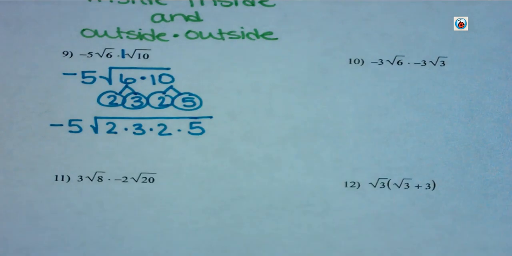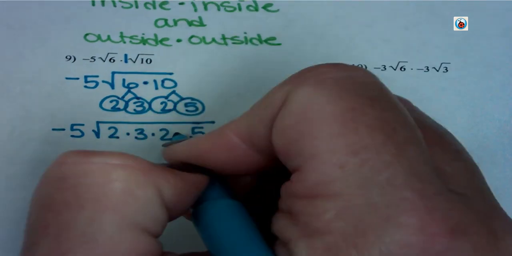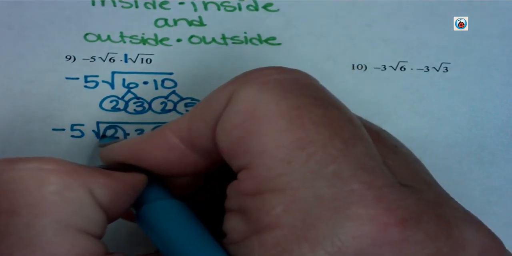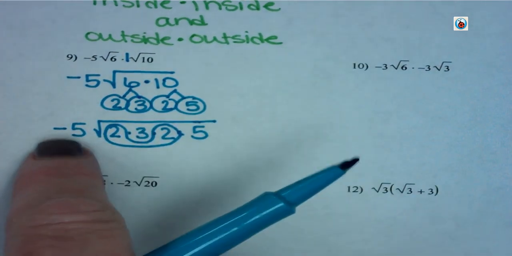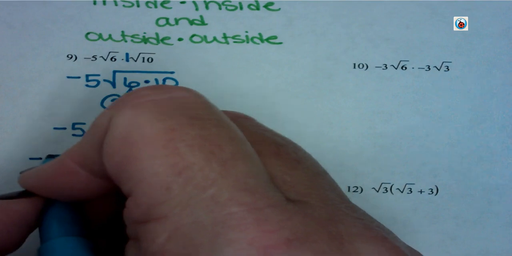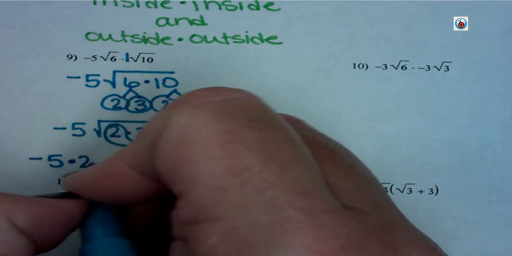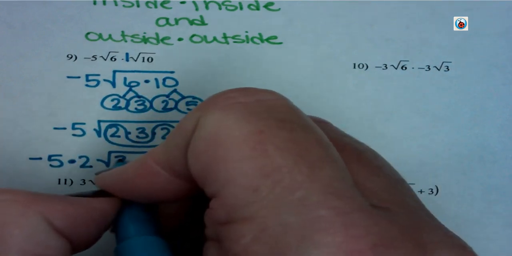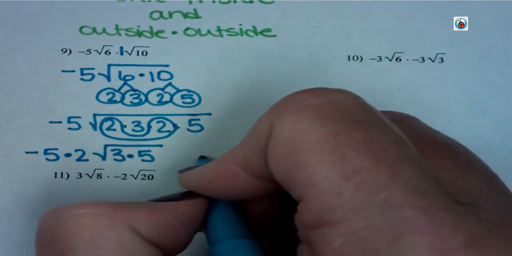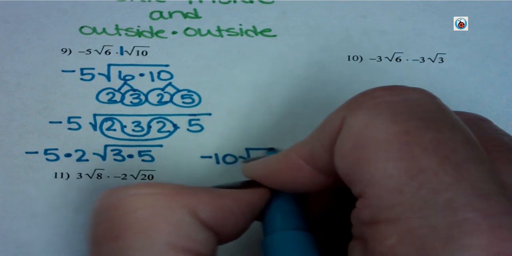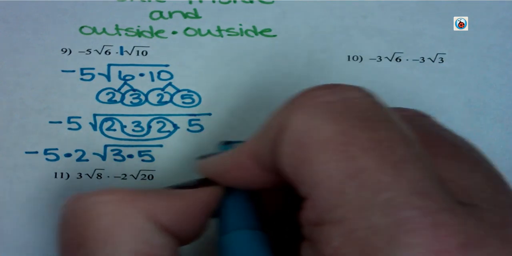To come out of the radical, we need a pair, where I have a pair of 2's. That's the only pair I have. Now don't forget, you have to multiply that by your -5. So I have -5 times 2, and still inside are 3 and 5, and I'm going to multiply those. So then I get -10 radical 15.